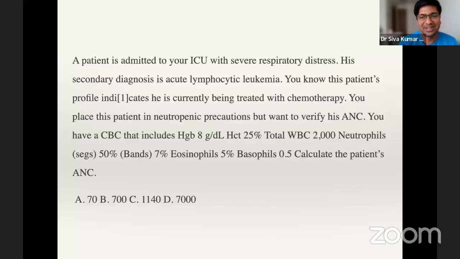It seems a very simple question, but it is very commonly seen. Sometimes you get the ANC value in the lab report itself, but in case you don't have that, you should be ready to calculate the ANC value.